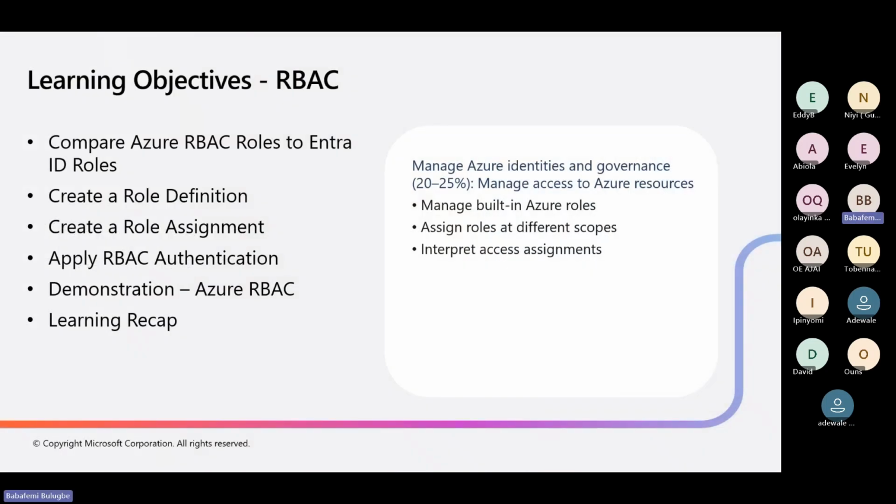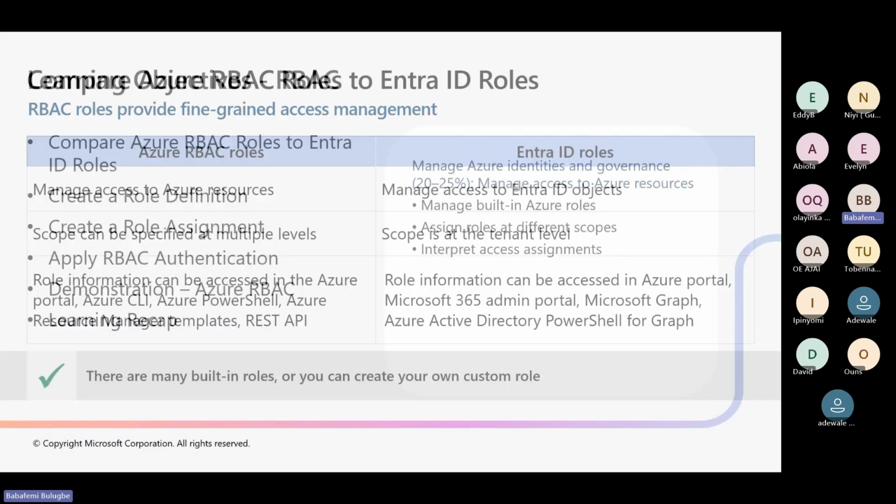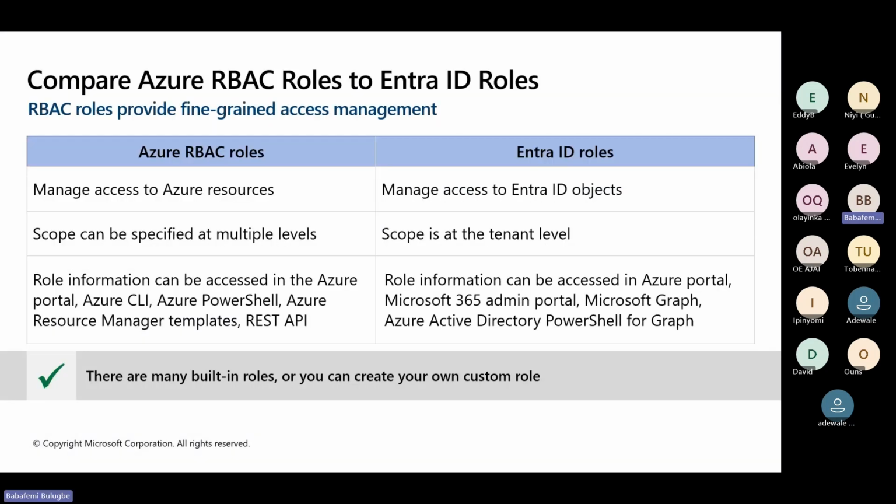So here we'll compare RBAC roles to Entra ID roles, which we've done already, but at least we'll take a look at that. Then we'll look at how to create role definition, role assignment, what are RBAC authentication, then a demonstration on Azure RBAC. So let's start with comparing RBAC roles to Entra ID roles.